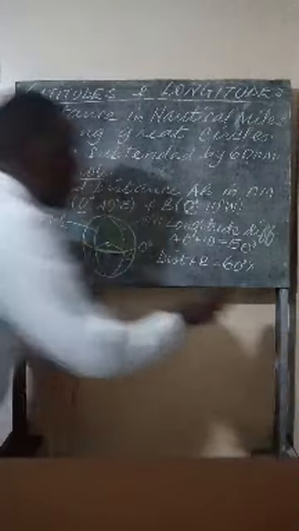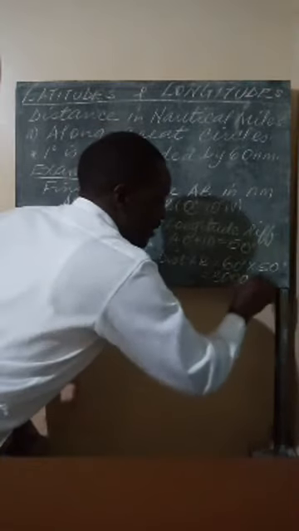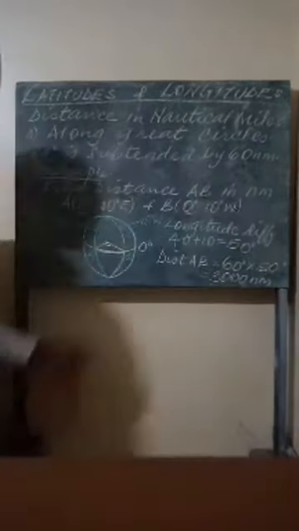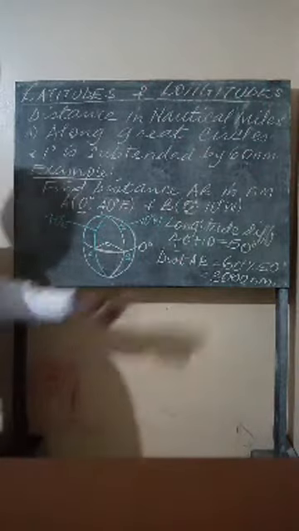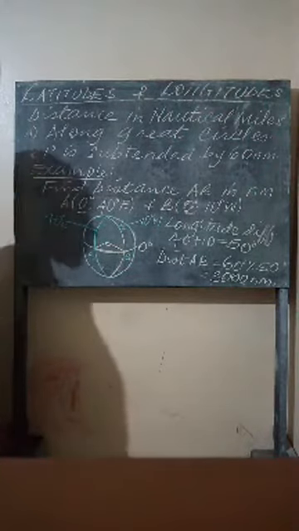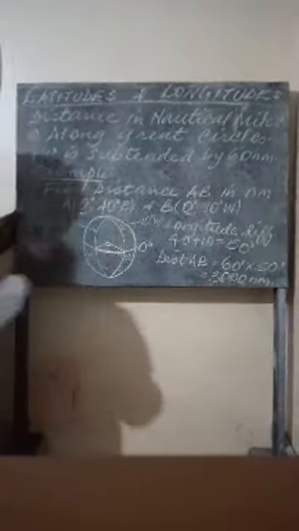We simply need to multiply 60 by the number of degrees between A and B, which is 50. That gives us 3,000 nautical miles. So working with nautical miles along great circles is quite simple. Let's take a second example on the same.